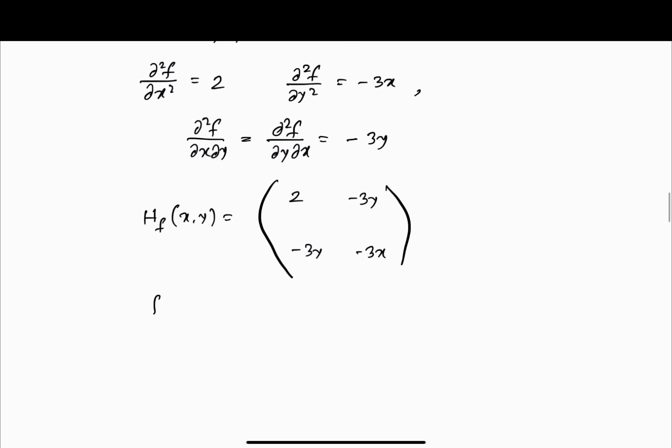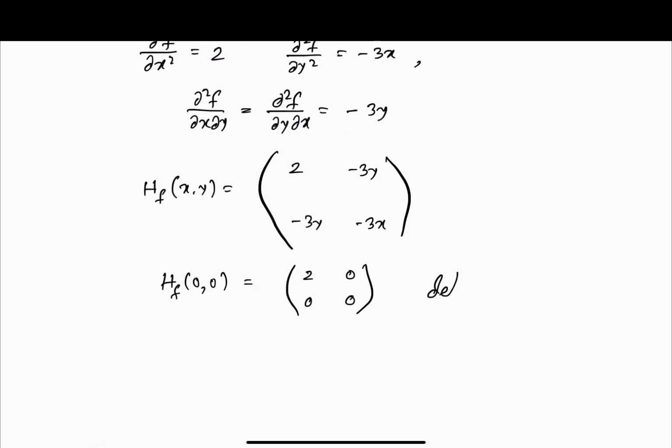So the Hessian matrix at the point (0, 0) will be [2 0; 0 0], right? So what will be the determinant? The determinant of H of f at the point (0, 0) is 0, right? So as the determinant is 0, (0, 0) is a degenerate critical point.